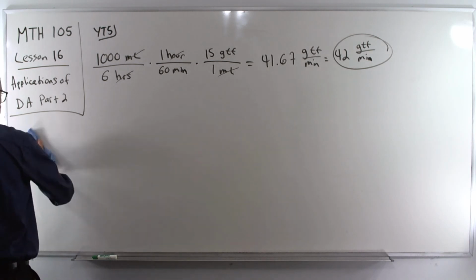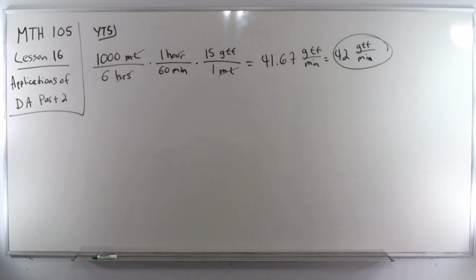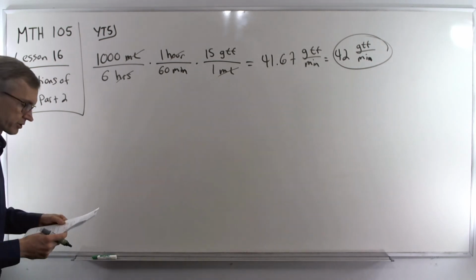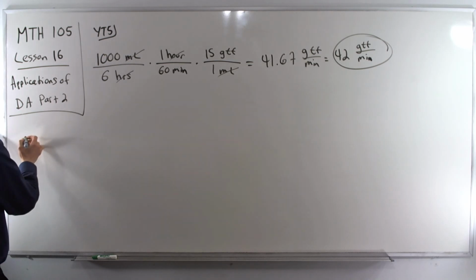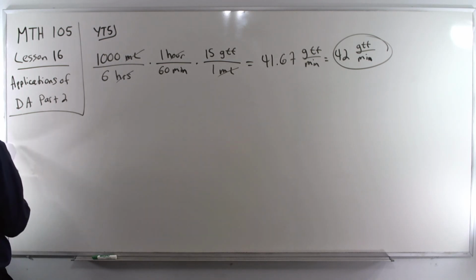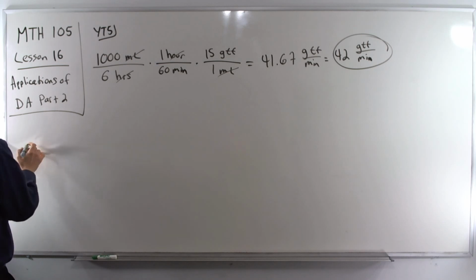Actually, what we're going to do is start this one a little differently. We'll start this one with the child's weight, because basically what we're doing is we're converting the child's weight into a dosage. All right, so the child is 64.8 pounds.